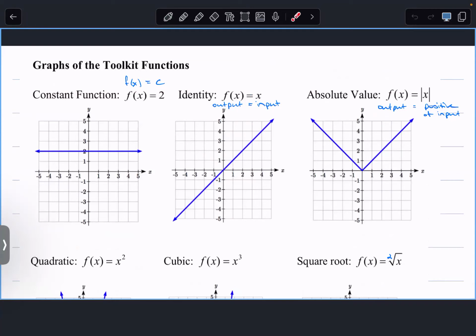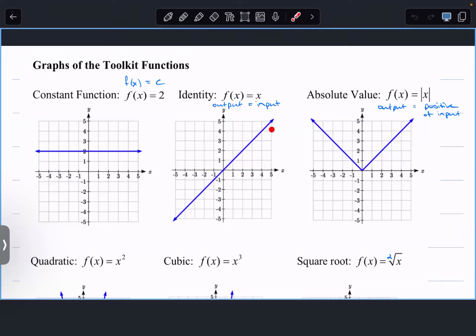So we don't need to do the vertical line test again, but let's do the horizontal line test. Well, this one's pretty boring, and it's not one-to-one, right? Because I need to be able to put in some unique input and get a unique output, right? Which I can't in this case. Constant functions are pretty boring.